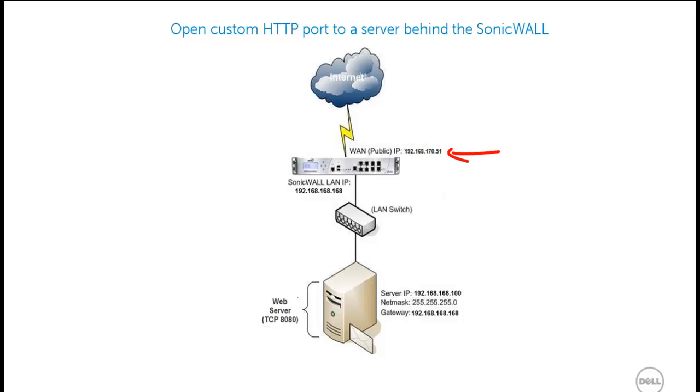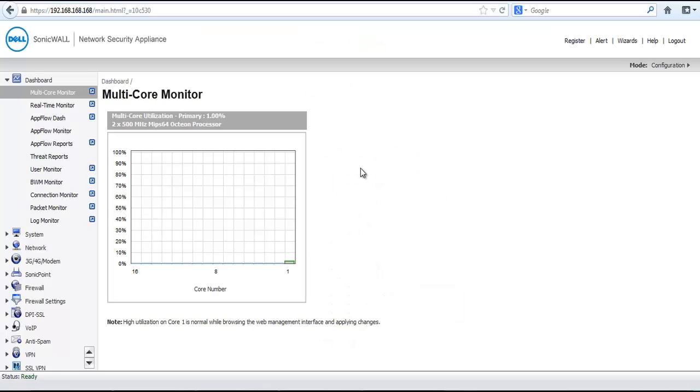The public-facing IP of the web server is the primary WAN interface IP of the SonicWALL, 192.168.170.51. Our objective is to allow users on the internet to connect to the web server on standard HTTP port 80 using the public IP of 192.168.170.51. Let us begin by logging into the SonicWALL management interface, which I have already done here.